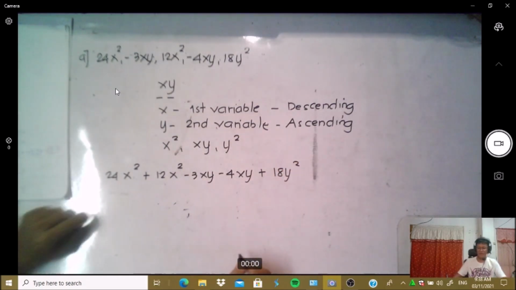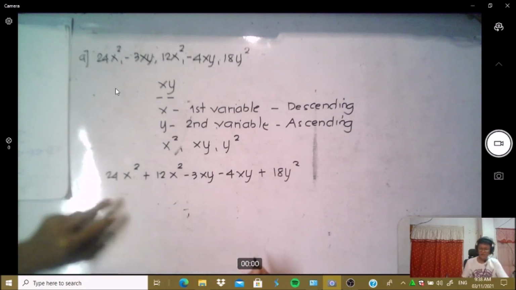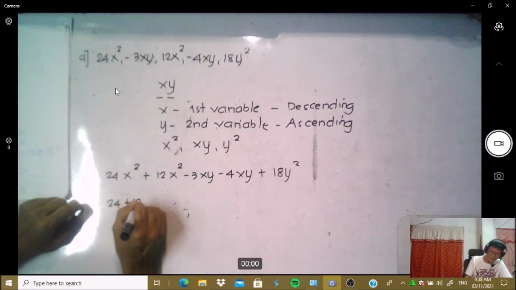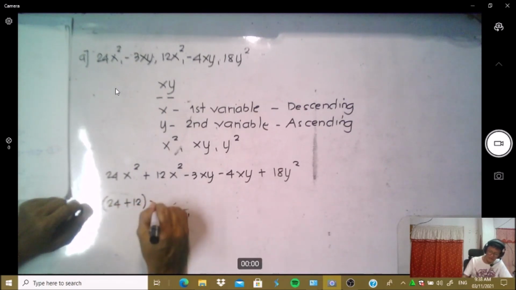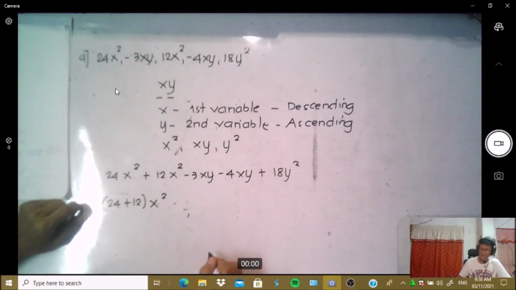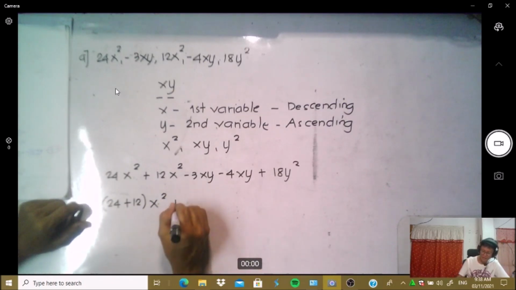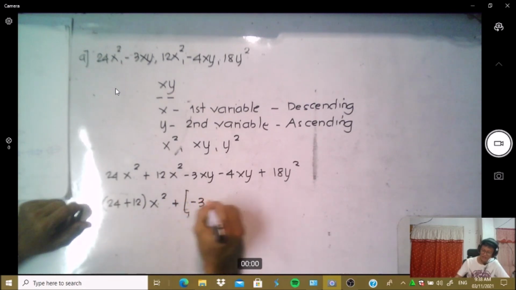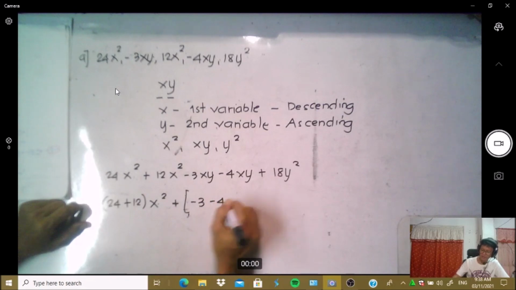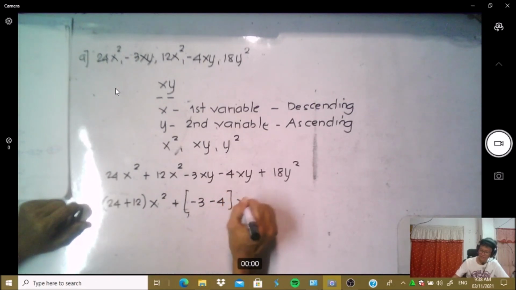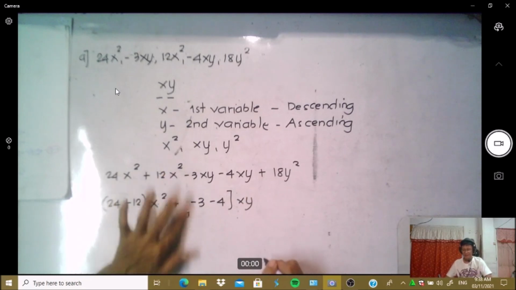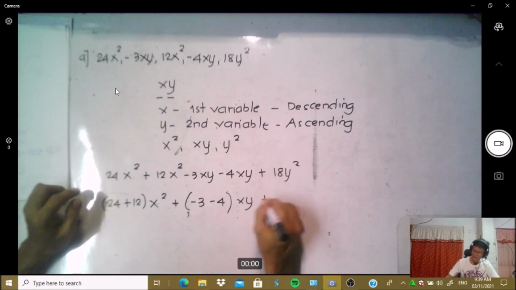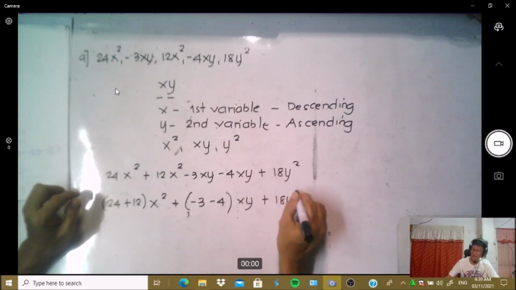Now we can factor out this x squared. So we have 24 plus 12 in a parenthesis, x squared. Then plus negative 3 minus negative 4, then xy. Actually, we can replace this with a parenthesis. Then plus 18y squared.